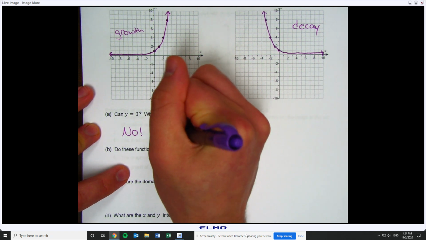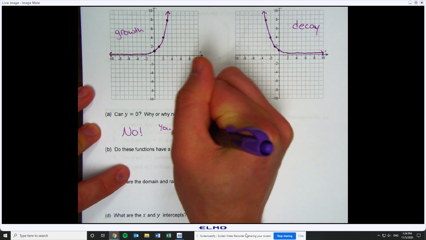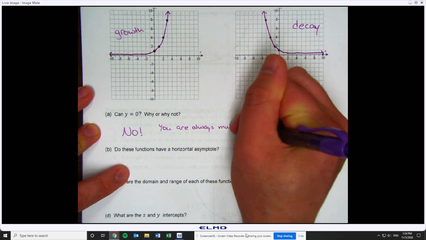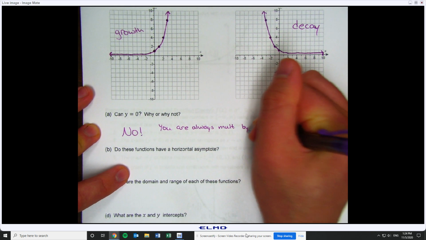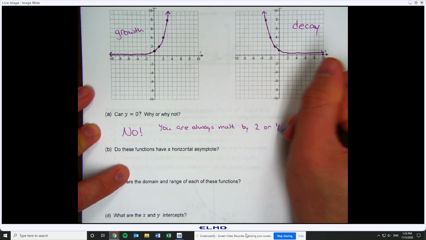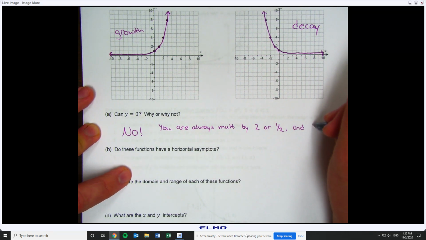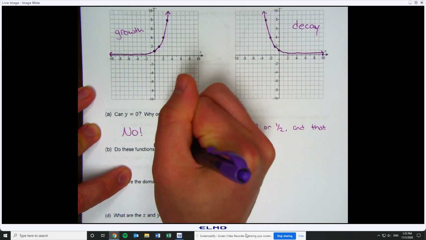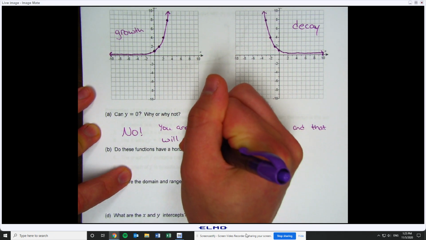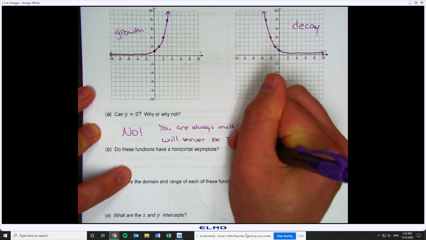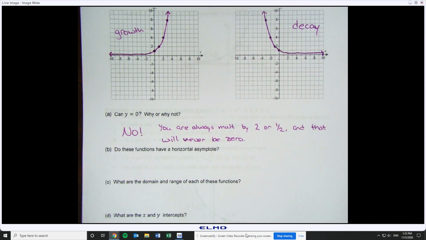As far as y, here we know that you are always multiplying by 2 or 1/2, and that will never be 0. If you're constantly multiplying by 2, it's never going to get to 0 because it's always going to be times 2, times 2, times 2.